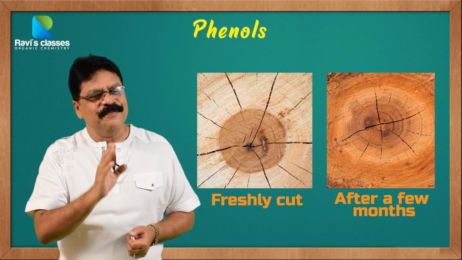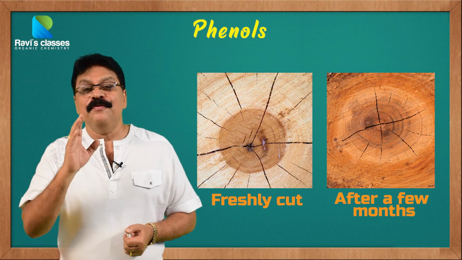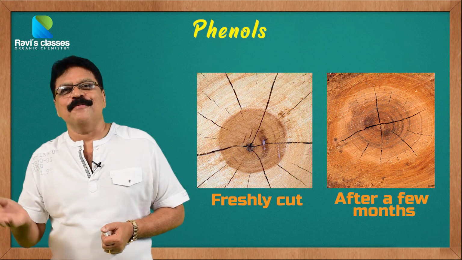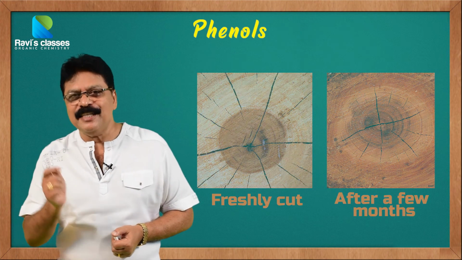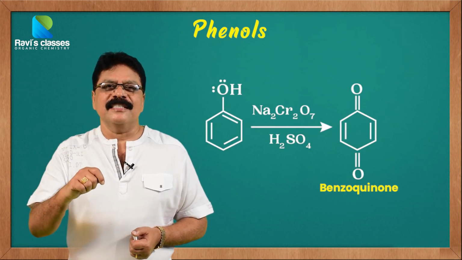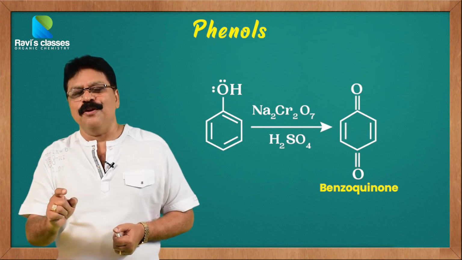So, whenever a trunk is cut, it has got fresh phenol in the molecule. But phenol, when kept open, undergoes oxidation, resulting in the formation of benzoquinone, and that is why you get the brown color. So, this benzoquinone formation is the interesting part of any phenol molecule.